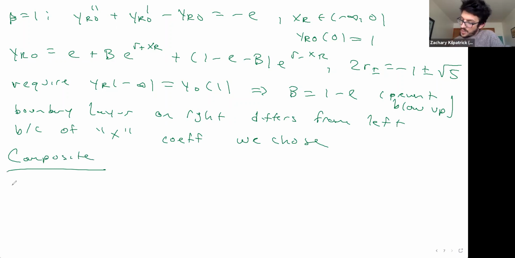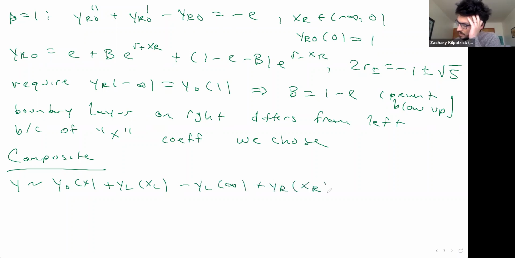So now if we want to put this all together, we can write that y is going to be approximated by y0 plus yl at xl minus yl at infinity plus yr of xr minus yr at minus infinity.